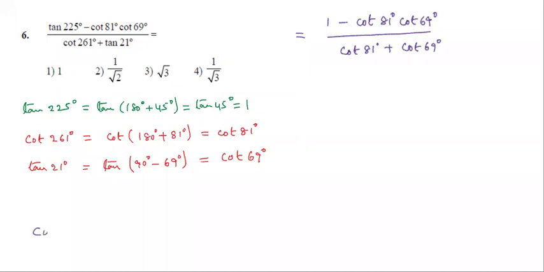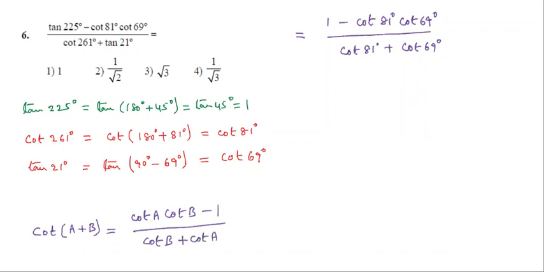Students, tell me, what is the cot of A plus B formula? Cot of A plus B is cot A cot B minus 1 divided by cot B plus cot A, or cot A plus cot B, no problem. But see that this is the formula.